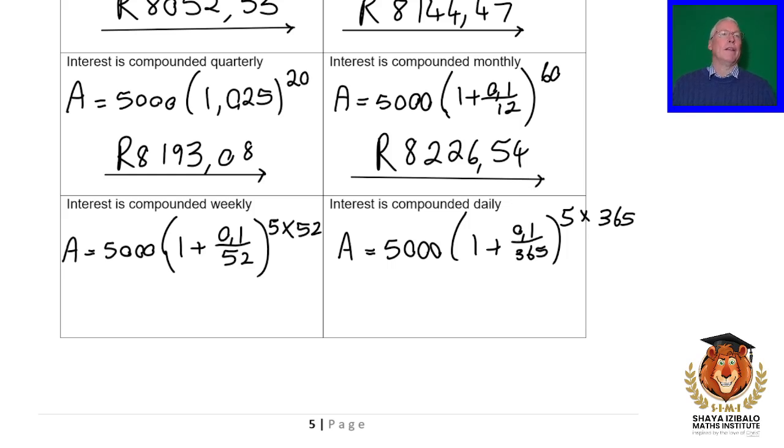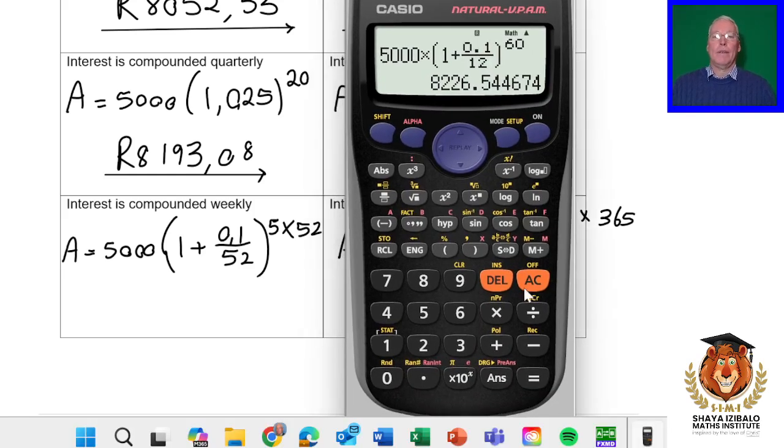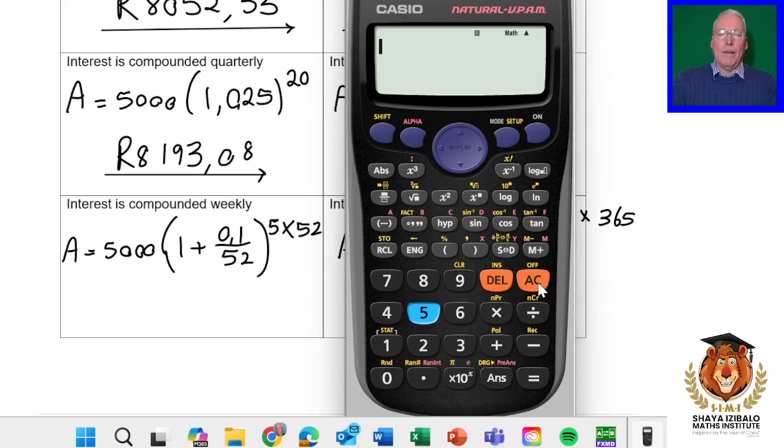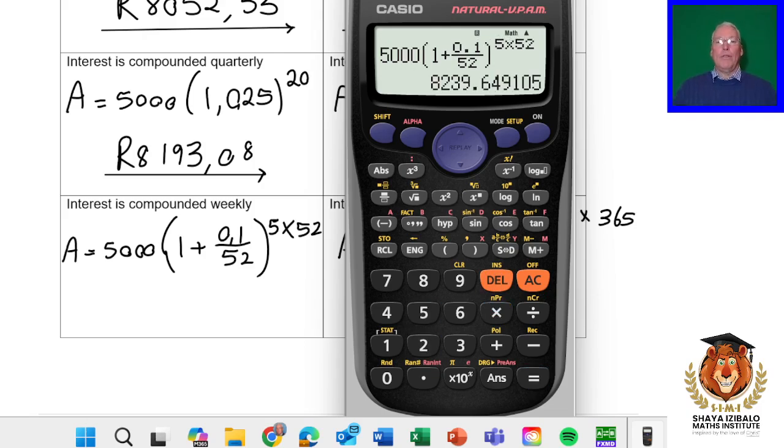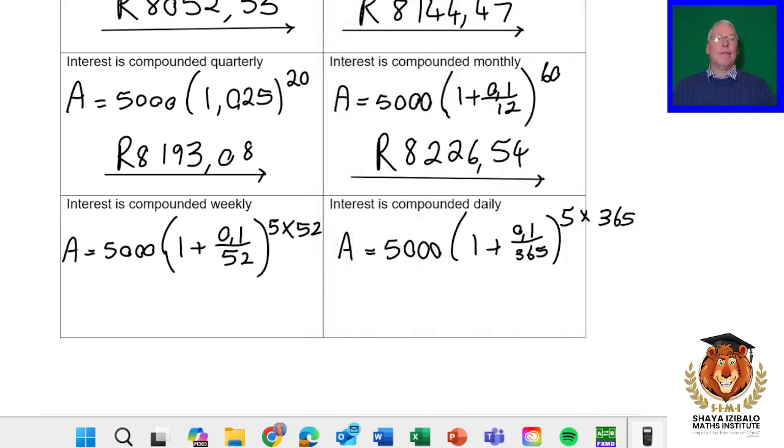Let's look at the next one. We're going to get 5,000 times 1 plus 0,1 over 52, to the power of 5 times 52, and we get 8,239 and 65 cents.